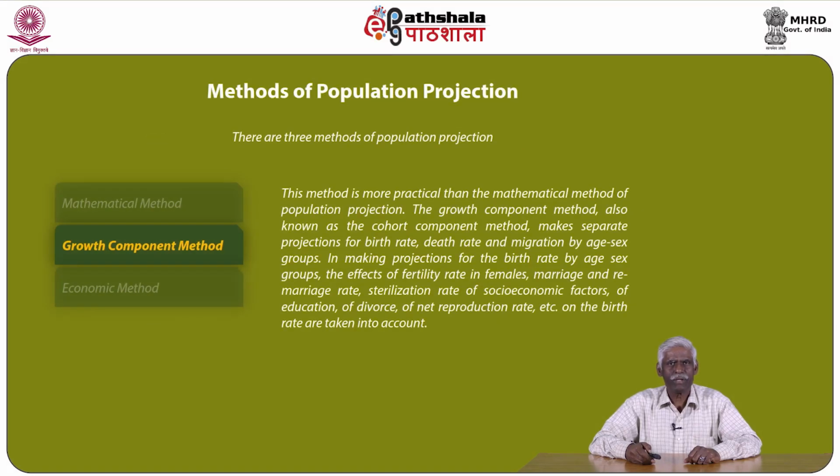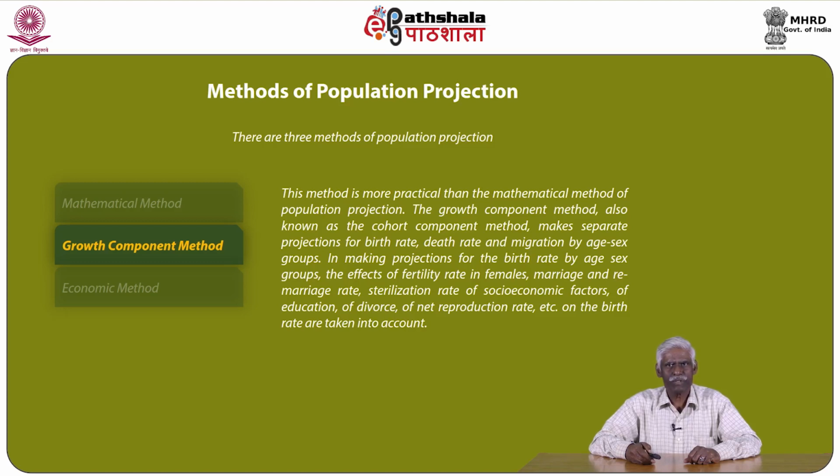The other major method of population projection is commonly known as the growth component method. This method is more practical than the mathematical method of population projections. The growth component method, also known as the cohort component method, makes separate projections for birth rate, death rate and migration rates by different age and sex groups.